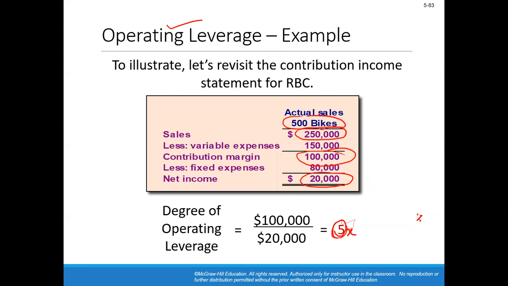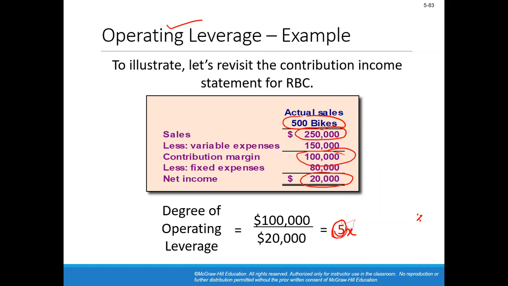Okay, so whether it will remain 5 depends on the level of sales, and you see that when the sales level changes, your degree of operating leverage will also change if the relationship among the variables changes. As long as the variable relationships are constant, in that case, it will be applicable.